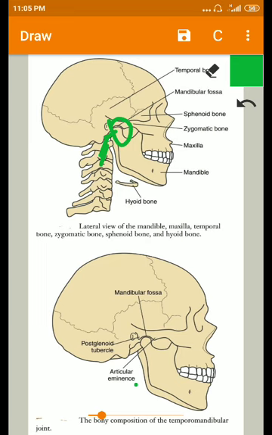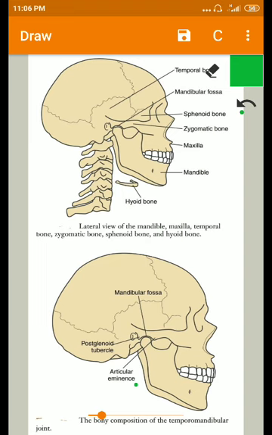Coming to the structure once again, this temporomandibular joint is formed by the condyle of the mandible and the articular eminence of the temporal bone, and also the articular disc that is interposed between the two.